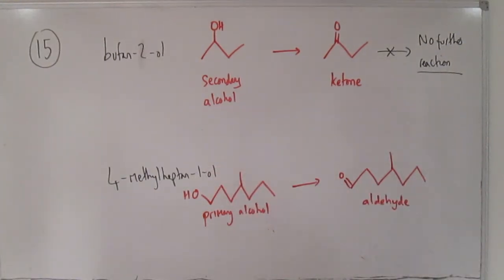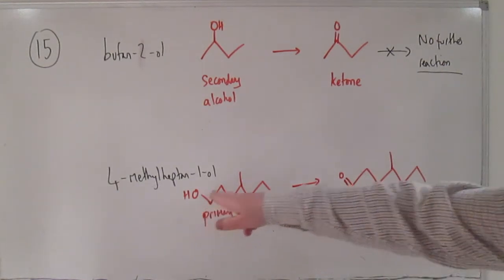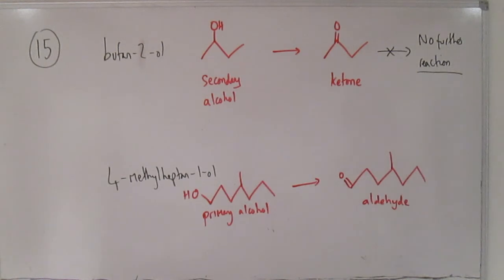Now for this one, which is the primary alcohol, we saw that the first stage of oxidation is that the alcohol is oxidized to an aldehyde, and so we'd get 4-methylheptanal, which is that product there. And again the question is, well, what difference does it make if we then expose it to the oxidizing agent for longer?